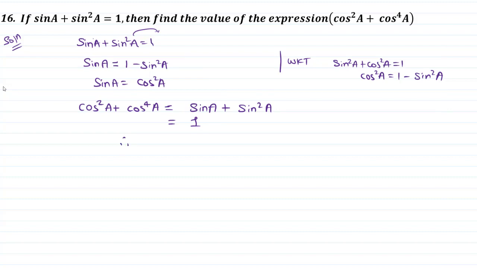Therefore the value of cos square A plus cos to the power 4 A is equal to 1.